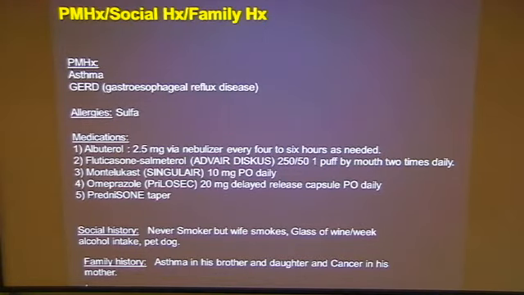And what's albuterol again? The short-acting beta agonist. Okay. He's on the fluticasone salmeterol, which again is an inhaled steroid and long-acting beta agonist. He's on montelukast or Singulair, which is a leukotriene receptor blocker. So what are all these treatments really for?